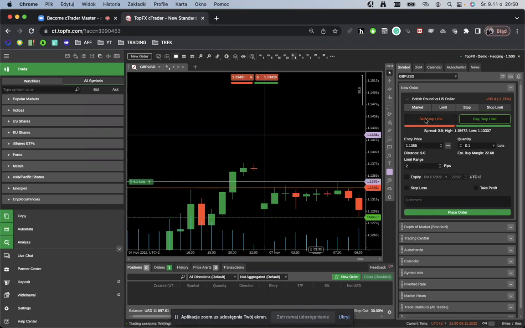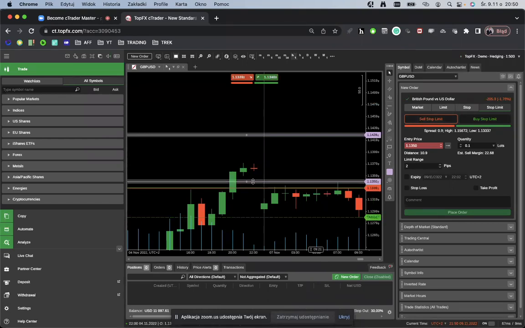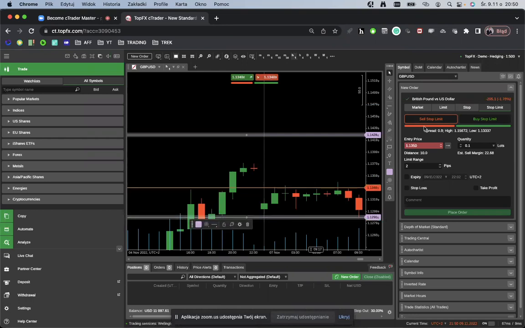The same situation, but reversed 180 degrees, is for the sell stop limit. So what do we do? Let me just cancel that one. We place the sell stop limit on the level again. Let's switch our range back on. This is 1.1290, of course.